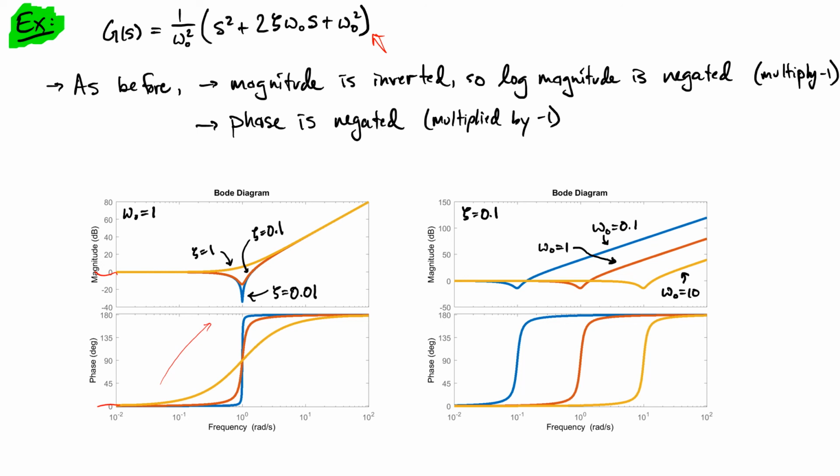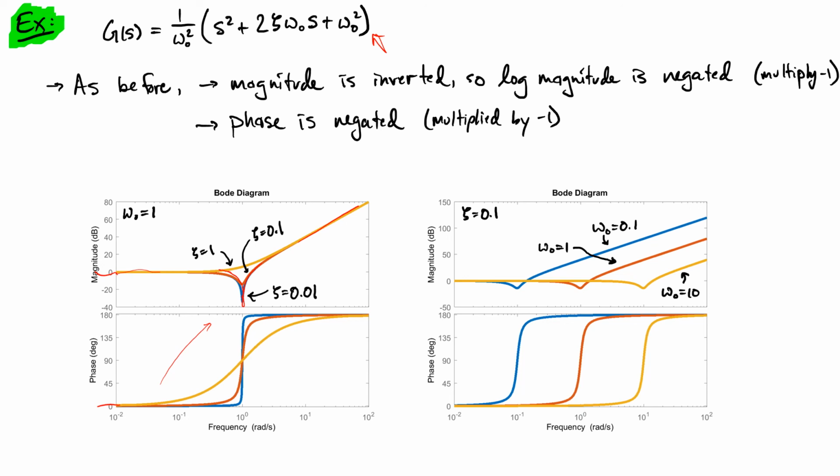Similarly, we start out at 0 and go up at 40 dB per decade, and there is this resonant peak that essentially indicates a dip in magnitude due to that zero. We'll be able to interpret that in a couple of ways once we get a little further in the course. And again, the damping reduces that offset.